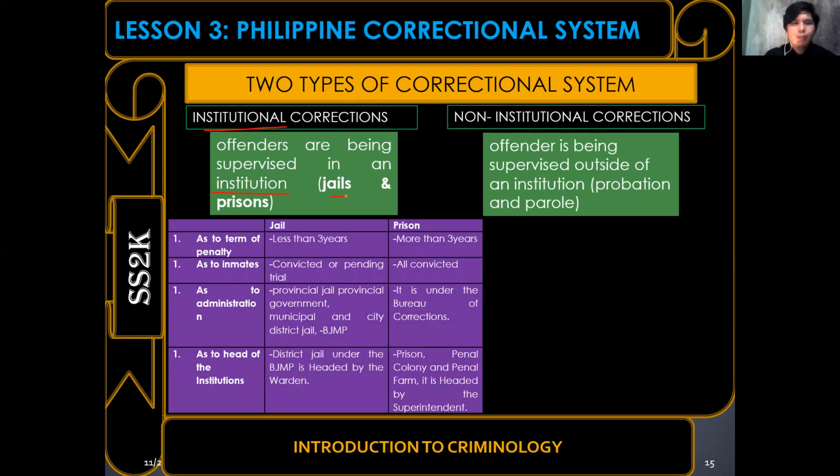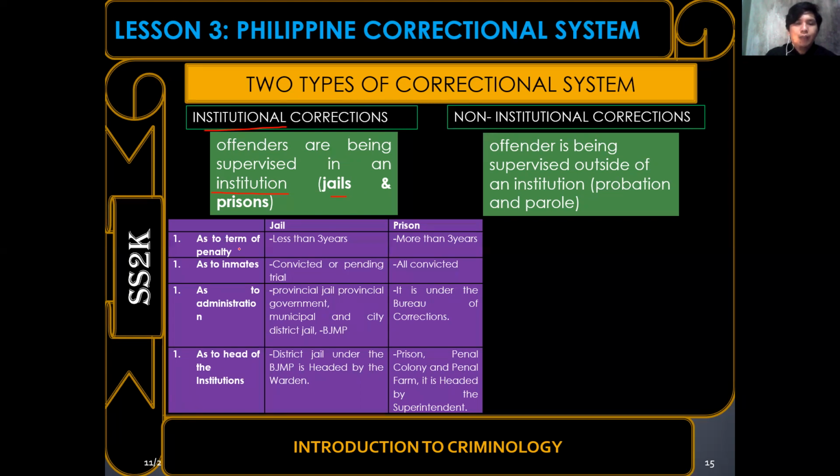So, ano naman po yung pagkakaiba ng jail sa prison? Okay? So, ang correctional system ng Pilipinas ay under ng three agencies, no? We have DSWD, we have DILG, at saka DOJ. Okay? Ngayon, tingnan natin yung difference ng jail at saka prison. Ano ba ang difference nila?